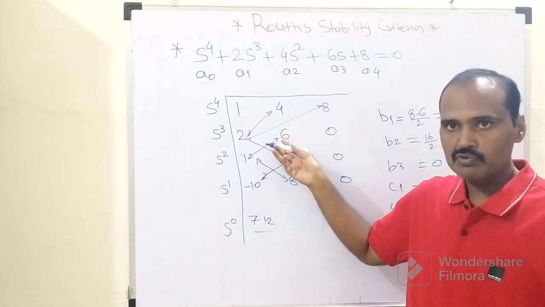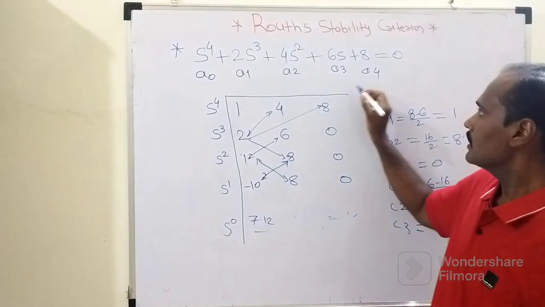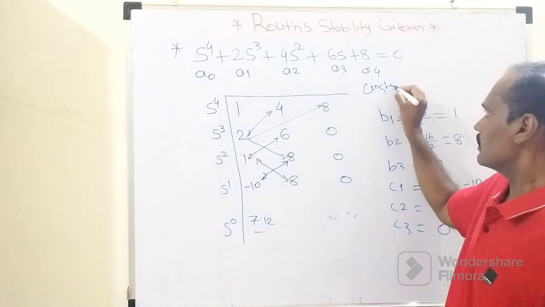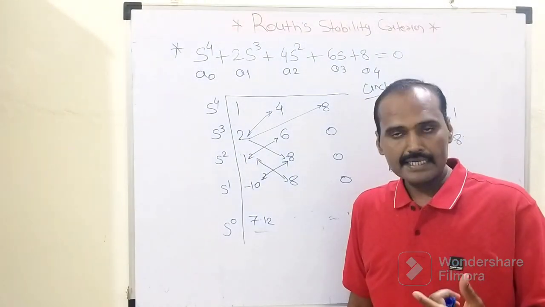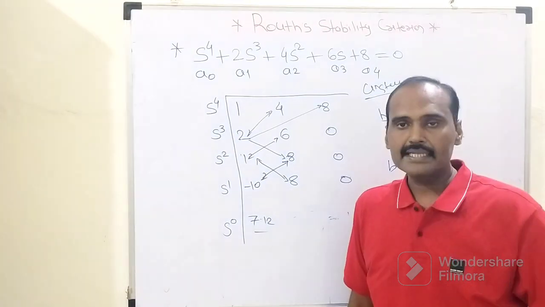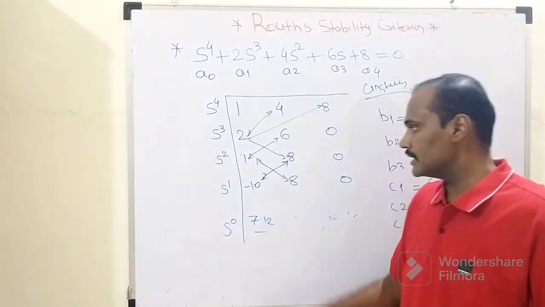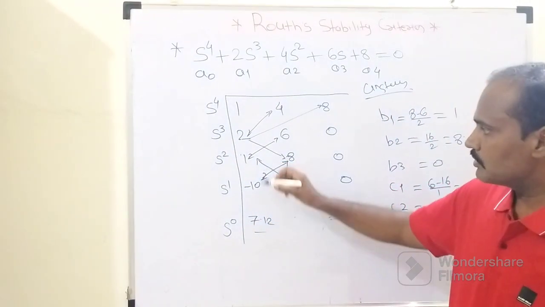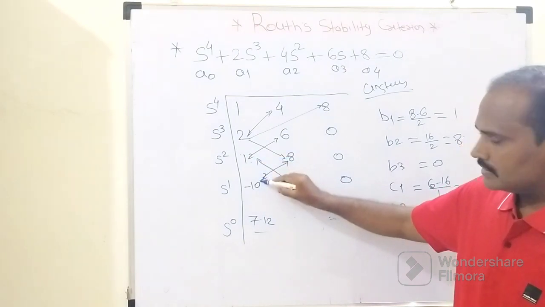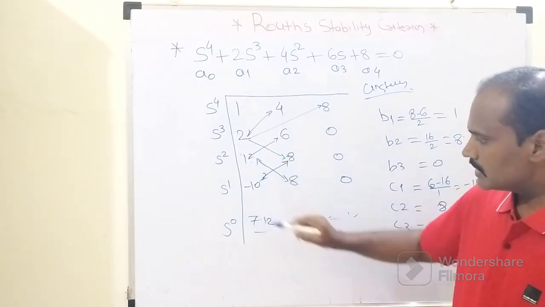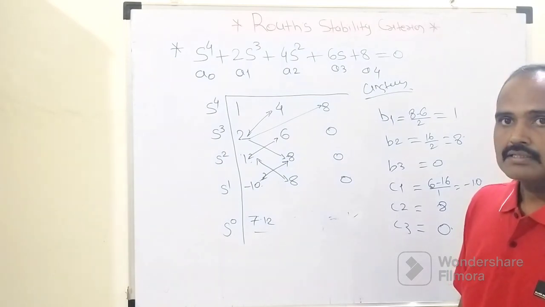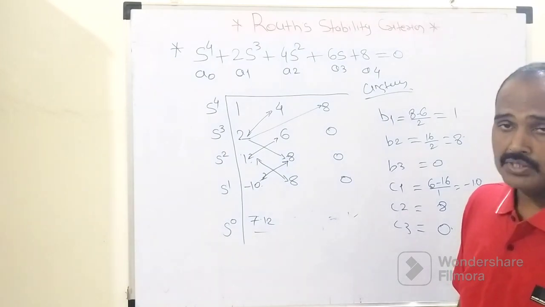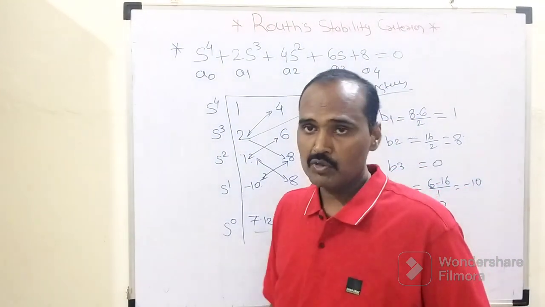Out of those 5, 4 are positive and 1 is negative, meaning this system is unstable. In order to have the desired stability, all elements should carry the same sign. We encounter a sign change 2 times: from 1 to minus 10 the first time, and from minus 10 to plus 7.12 the second time.